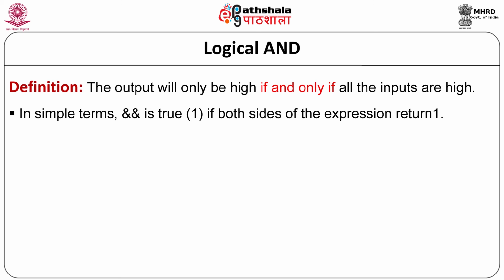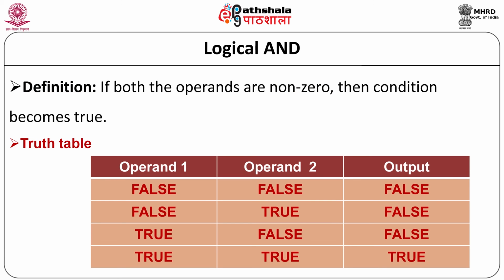Logical AND is true if both sides of expression return 1, means when both conditions are true, then output of AND gate is true. Now, this is truth table of logical AND operator. In this truth table, you can see there are 2 operands and single output: operand 1, operand 2 and output y or just output.